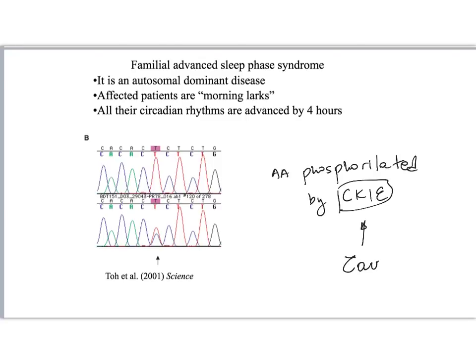Okay, so by changing that amino acid, casein kinase epsilon cannot phosphorylate the period 2 properly.